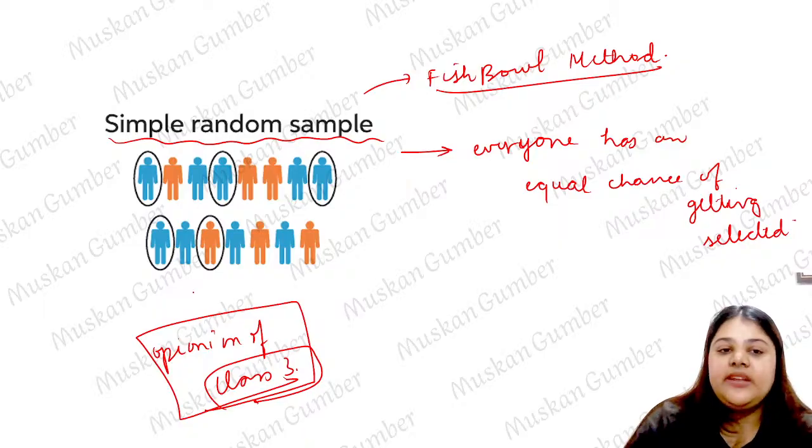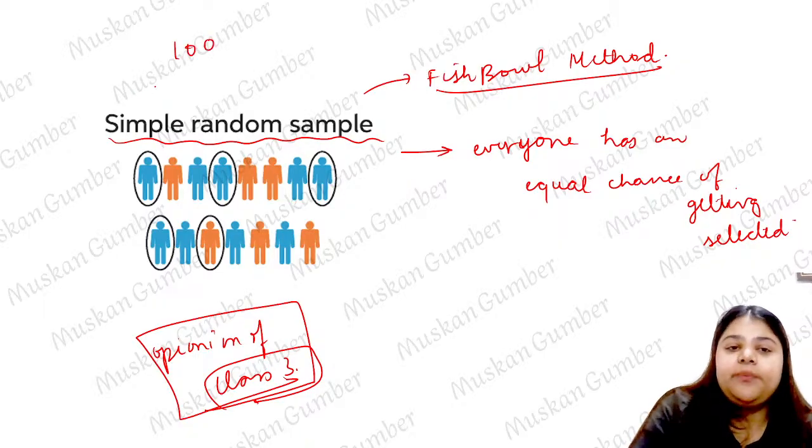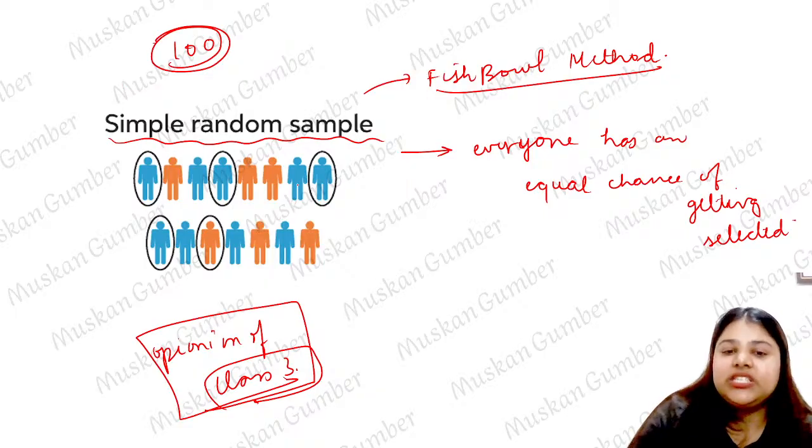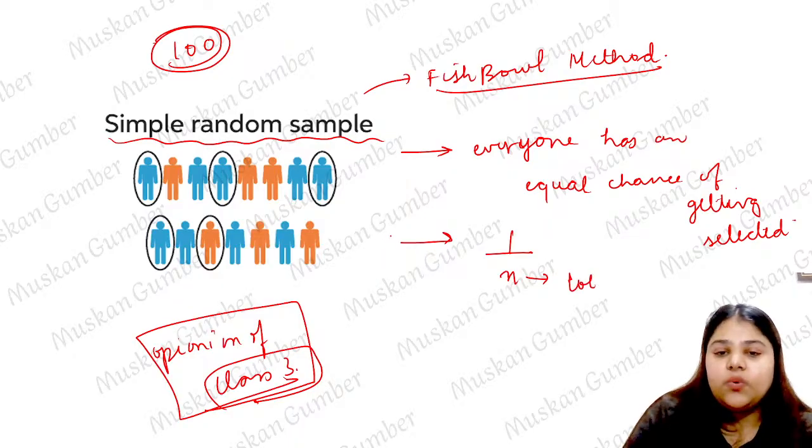So if there are a total of 100 people in my population, everybody will have an equal chance, which means it will be 1 by N. N here refers to the total number of people in the population.